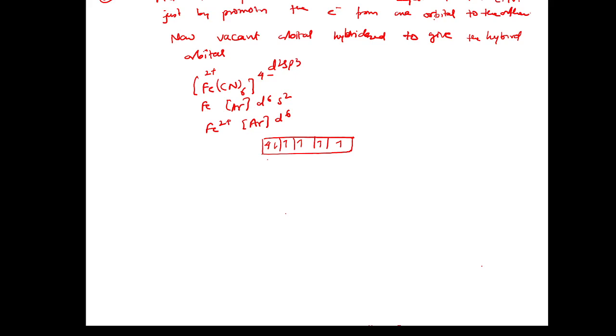Then we have the 4s and 4p, and this is 3d. Now what will happen? Electrons will be promoted from one orbital to another. Now Fe2 plus under the ligand environment.